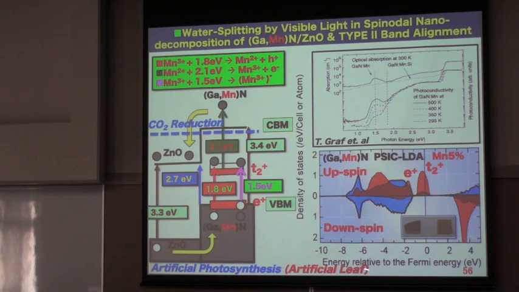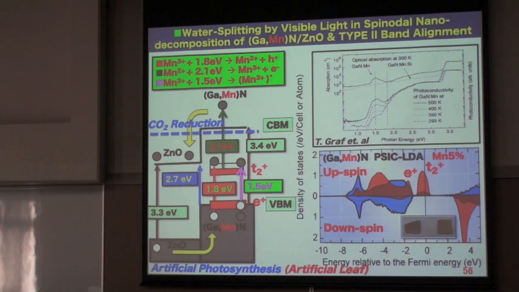We are now making an artificial leaf, and a natural leaf is always green. But our artificial leaf should be completely black, and then we can absorb all of the visible light. Panasonic previously used gallium nitride and introduced a little bit of aluminum to increase the band gap.